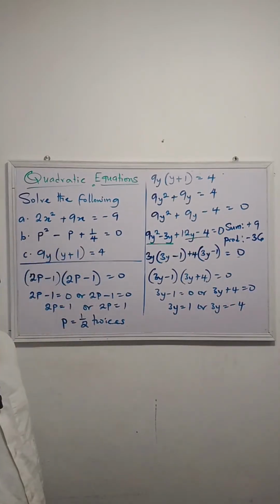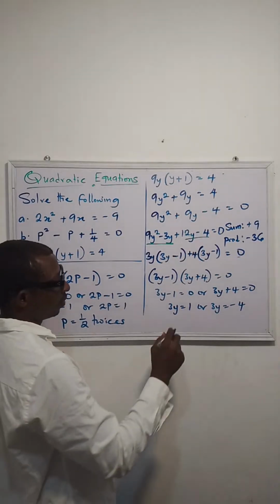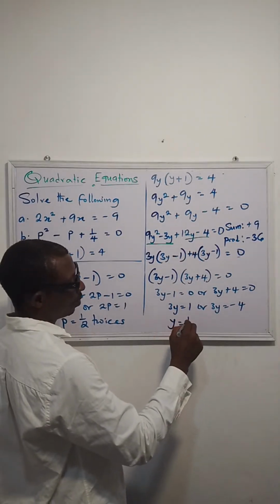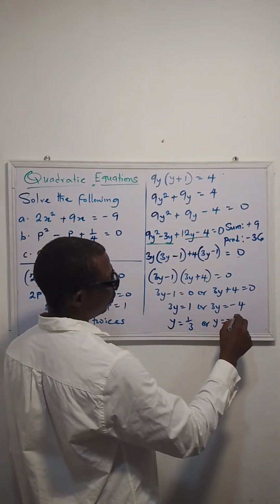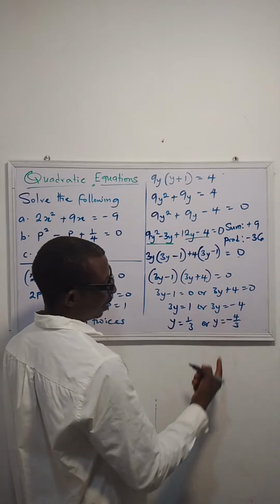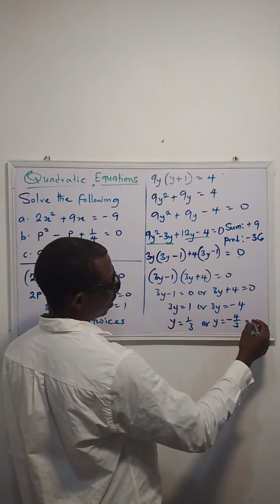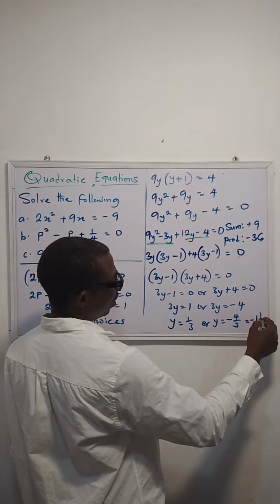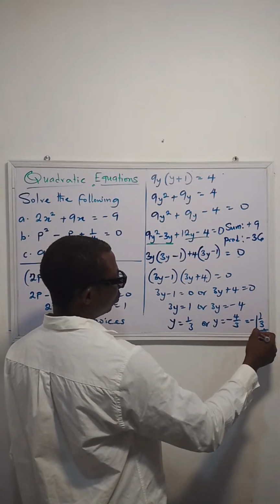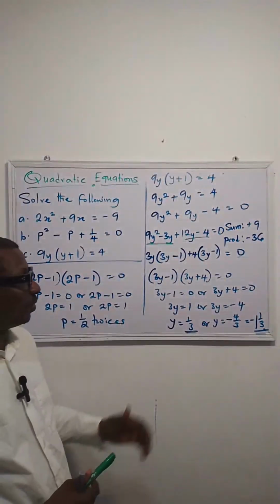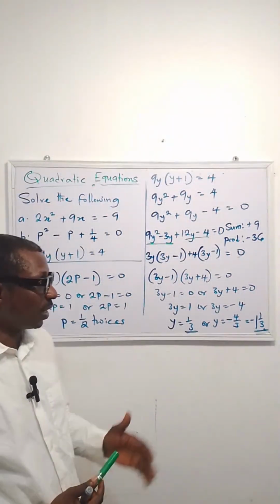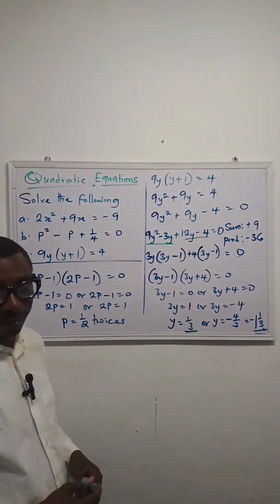From here, you can divide both sides by the coefficient of y. So we have y equals 1 over 3, or y equals negative 4 over 3. This is the same thing as negative 1 and 1 over 3. So these are the two answers to the problem. I want to believe you all understand that. That's how to solve the problem.